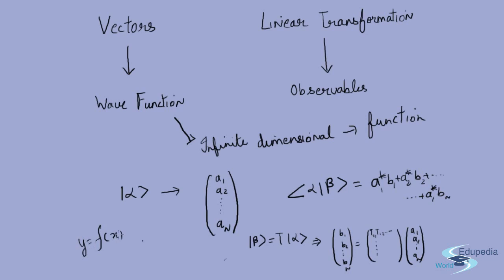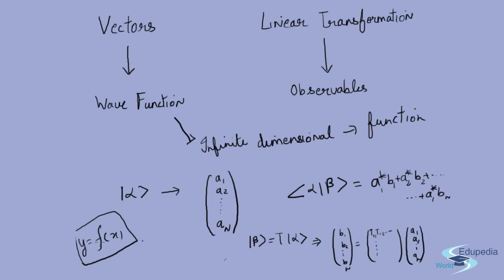For example, every value of x gives you a value of y, and whenever x is between any range, it has an infinite number of values. So there are an infinite number of values y, one corresponding to each value of x. This is the sense in which a function can be thought of as an infinite dimensional vector.